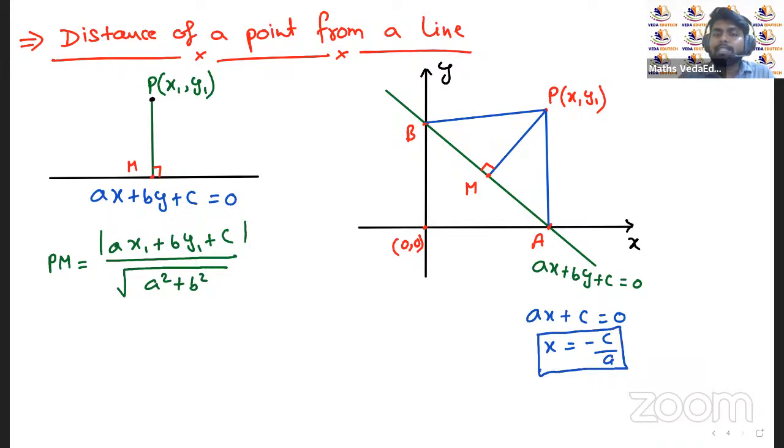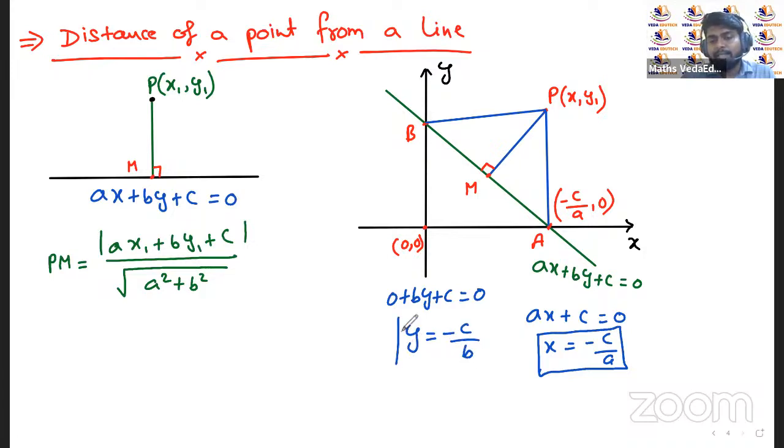So this point is nothing but minus c by a comma 0. Again, when this line will intersect the y-axis, at that time x will be 0. So 0 plus by plus c equal to 0. Again, y is nothing but minus of c by b. The coordinates of this point is 0 comma minus c by b.